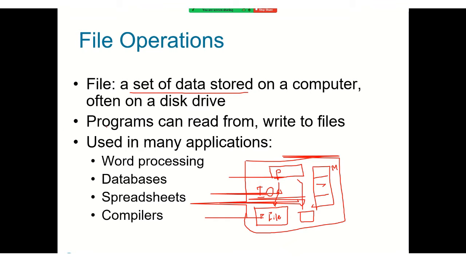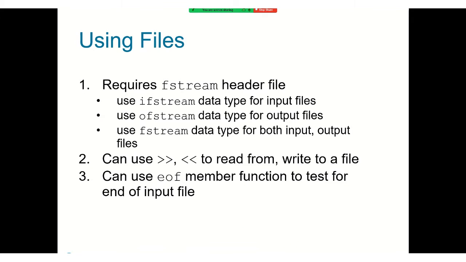Now, it is used in many applications, like PowerPoint. You use files in word processing, your Microsoft Word, or databases, spreadsheets, compilers. Everywhere you have files. Now, in order to use a file in a C++ program, what you need is basically the fstream header file.